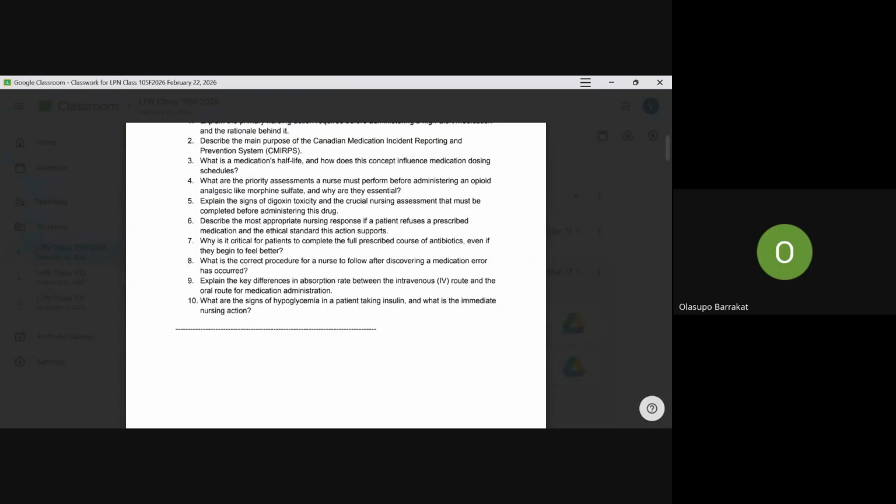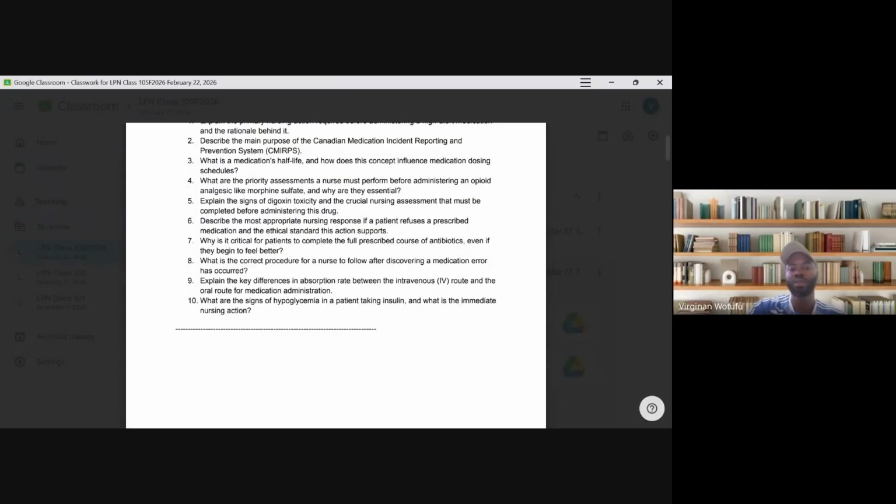Okay. So question 10, the last question. So what are the signs of hypoglycemia in the patient taking insulin? And what is the immediate nursing action?